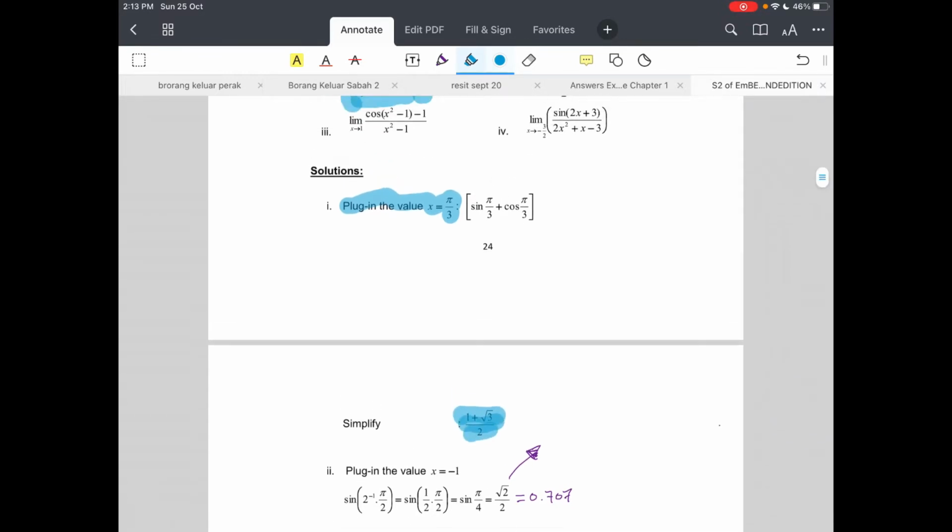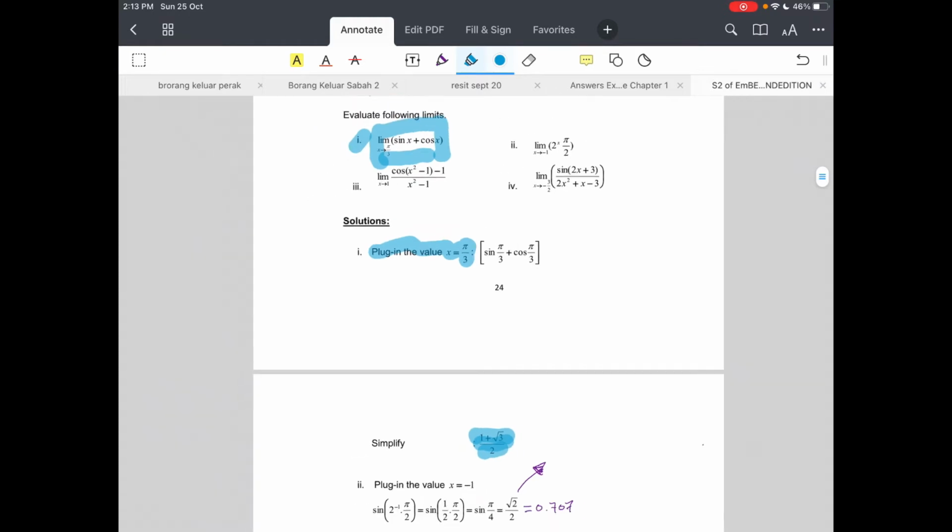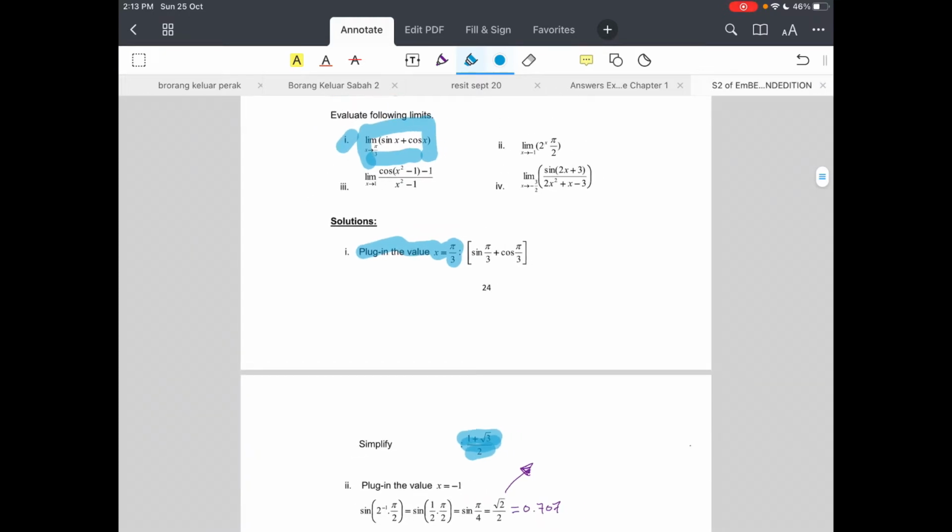Okay, now we go to the second question, 2 Roman. We have here the limit as x approaches -1 of sine of 2 to the power of x times pi over 2.